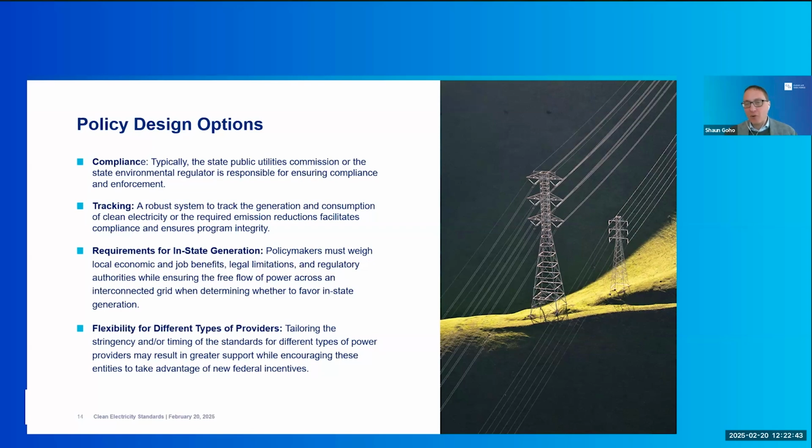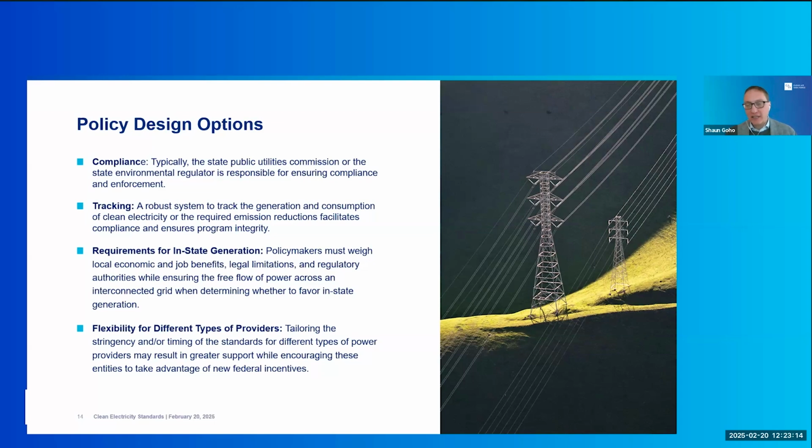That means that someone needs to be responsible for ensuring that the biomass that is being burnt in the sources is in fact eligible biomass. Typically, it would be the state environmental agency that's responsible for tracking that rather than the Utilities Commission. And then if you have a state where the CES is based on a percentage reduction in greenhouse gas emissions over time, then also the environmental agency may be responsible for tracking and reporting those emissions.